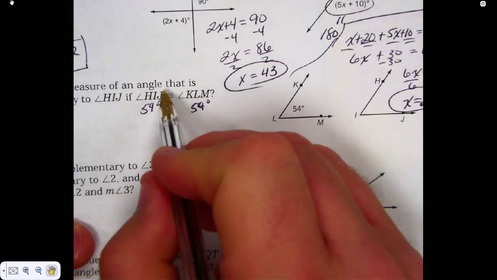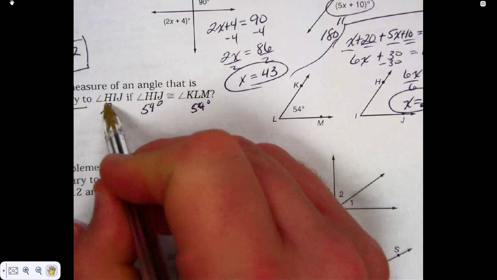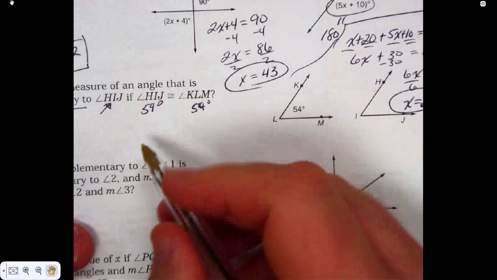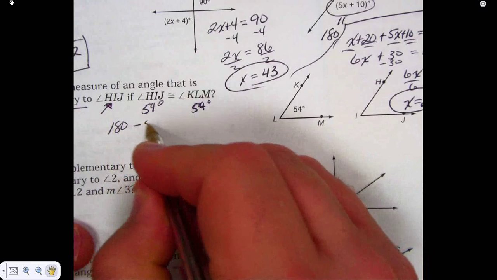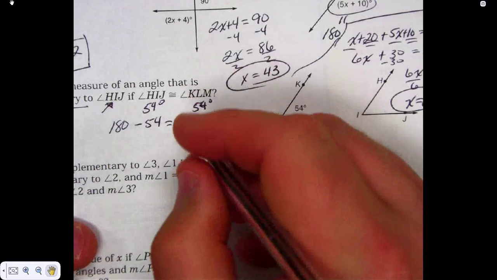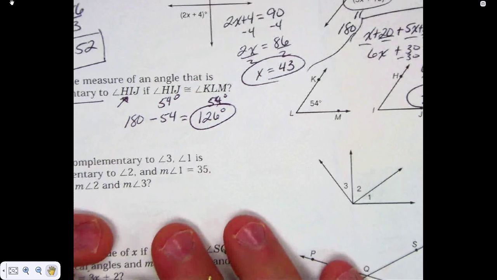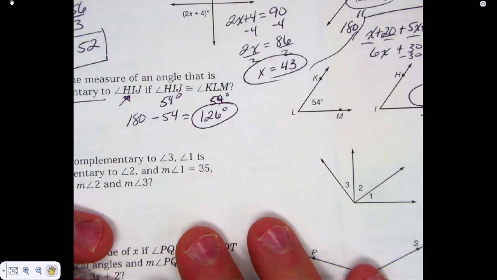They want the measure of an angle supplementary to that angle. Well, it would be 180 minus 54. What would the answer be? Put it in your calculator and see.